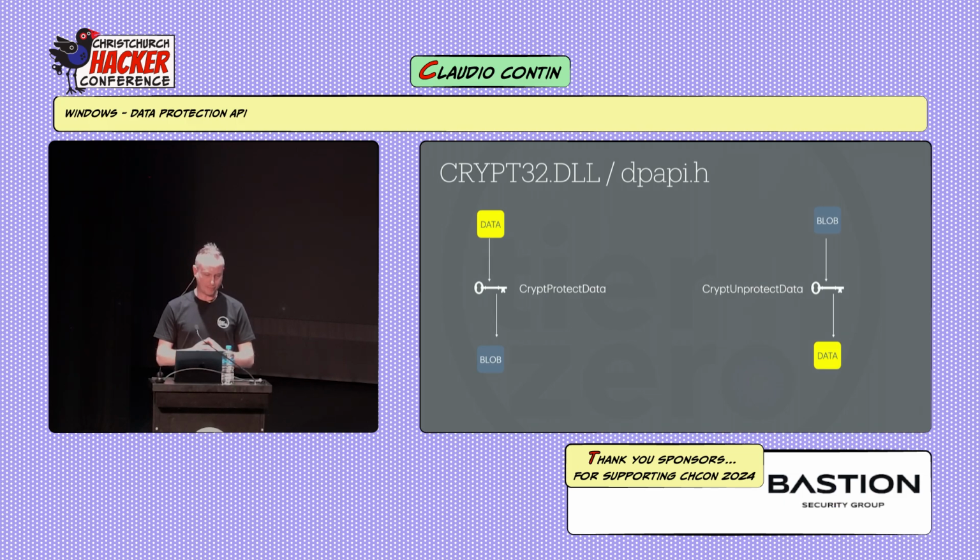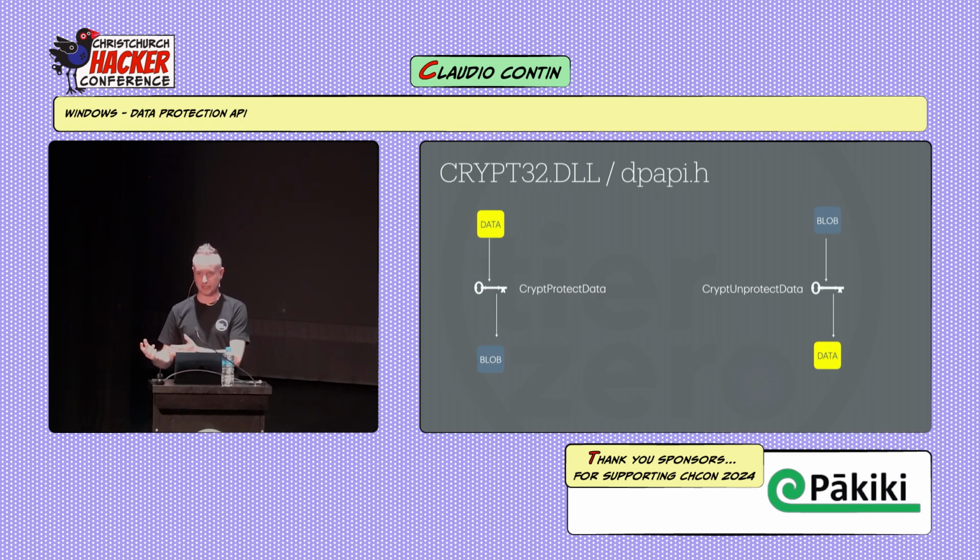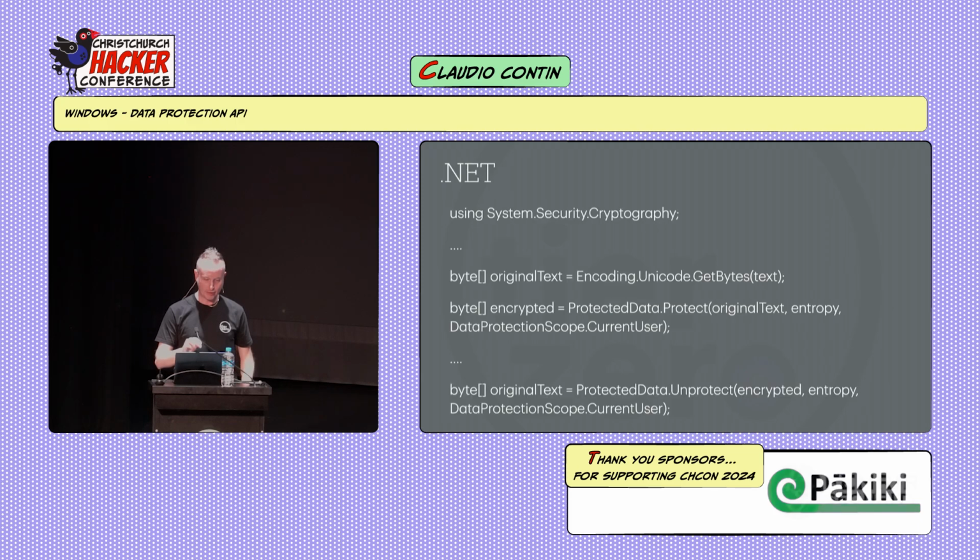CryptProtectData, as the name implies, allows you to encrypt data. You pass your blob of binary data to the function. The function returns a blob of data, which includes the encrypted data as well as some metadata. We'll talk about soon what this metadata is, okay? And CryptUnprotectData accepts the blob of the encrypted data and gives back the plain text that was originally passed into the original function.